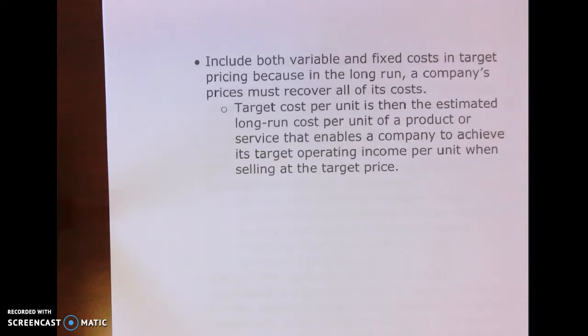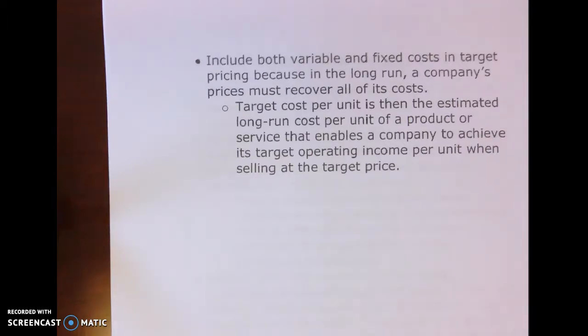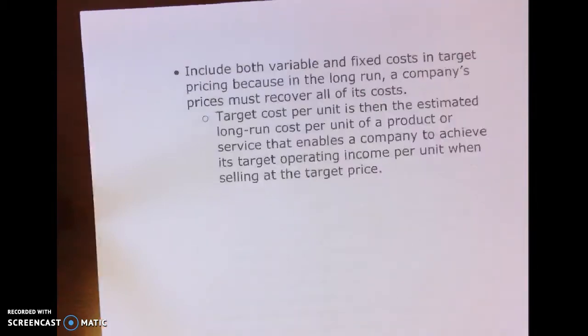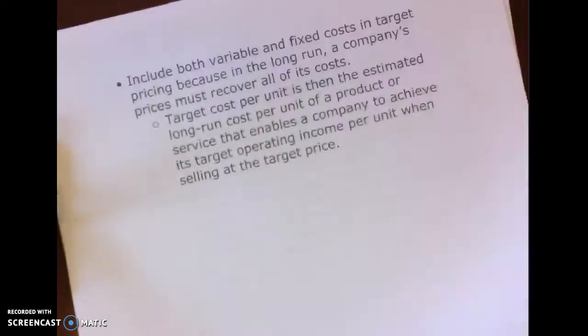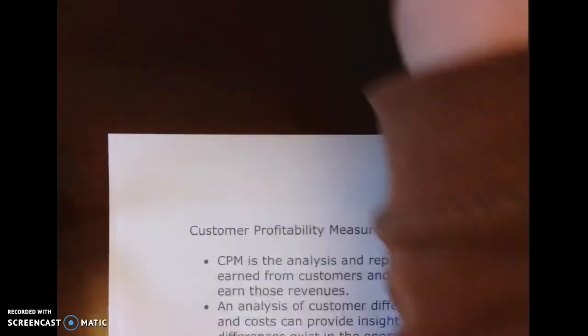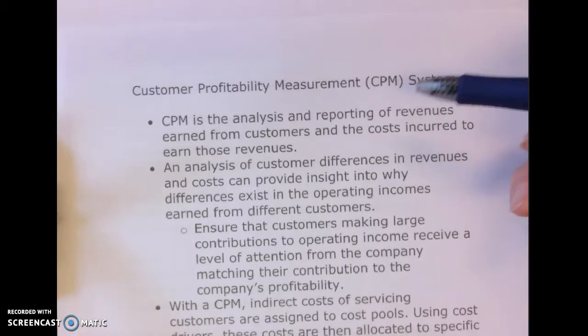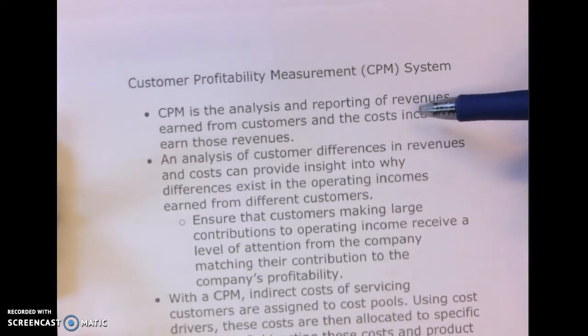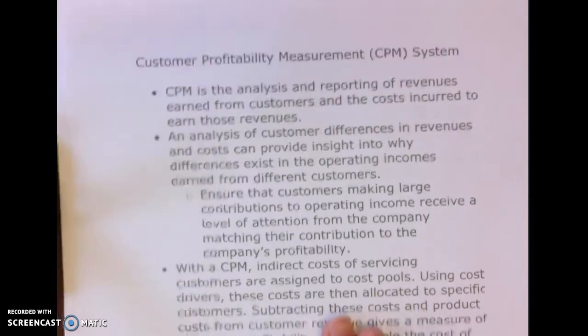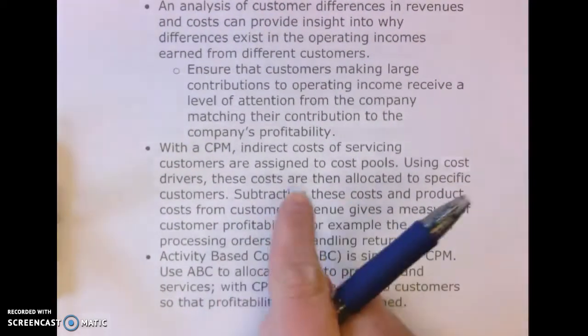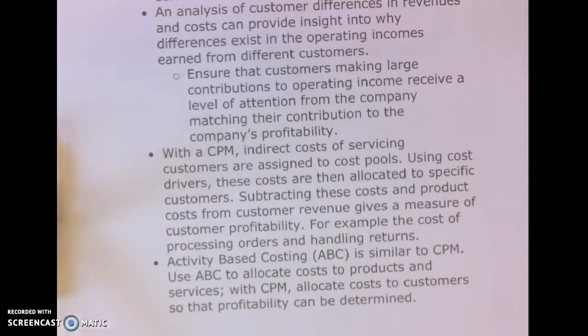All right? So now let's go ahead and talk about customer profitability, or CPM. Look over here, customer profitability measurement. Okay, so look at this. CPM is the analysis and reporting of revenues earned from customers and then the cost to earn those revenues. So with CPM, we're going to assign those indirect costs of servicing customers to the cost pools.